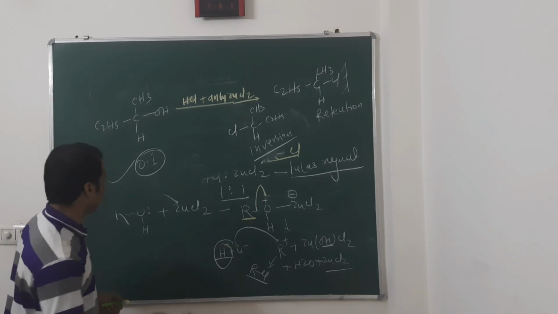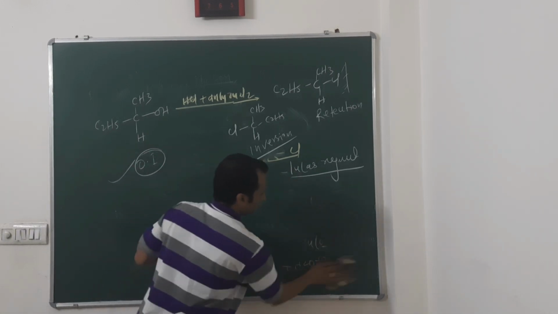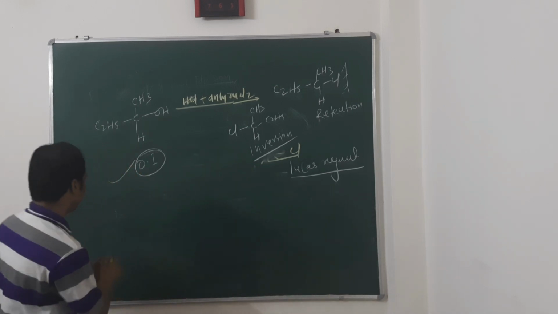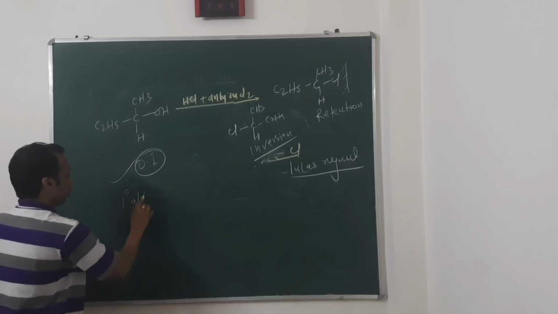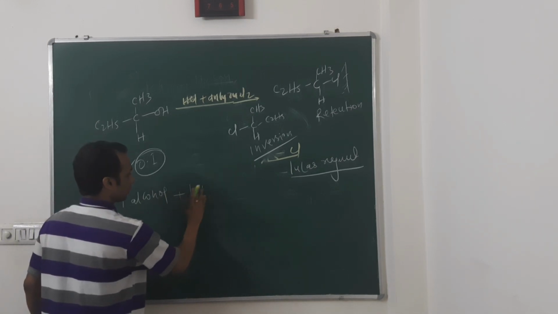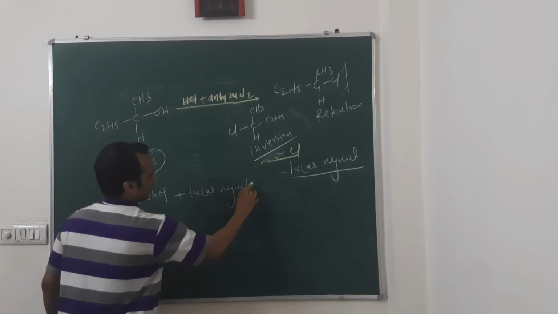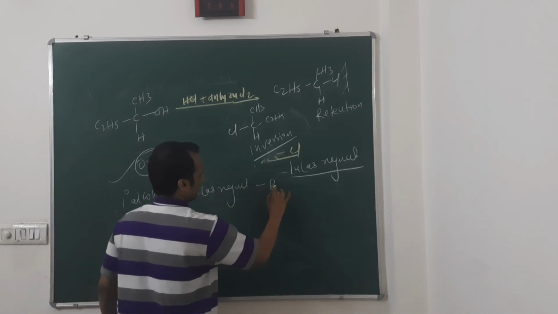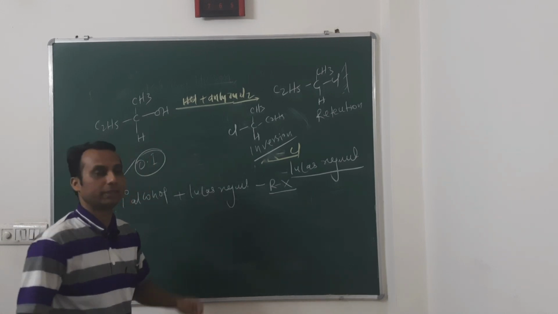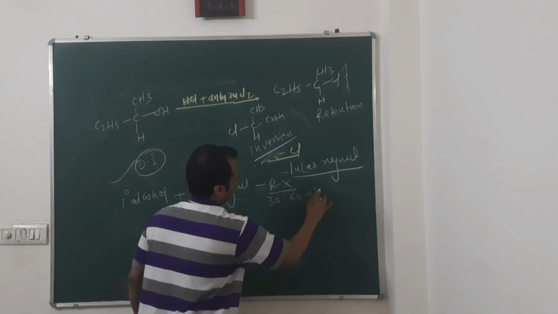And now what I am telling you is, in the Lucas reagent, suppose we are taking a 1 degree alcohol. A 1 degree alcohol, students, with the Lucas reagent will give the alkyl halide, but only after at least 30 to 60 minutes, and after heating.